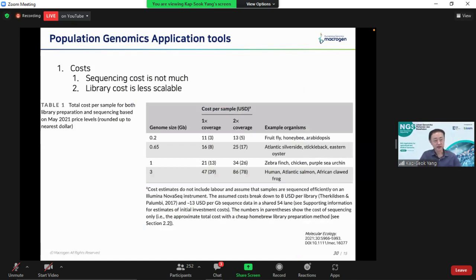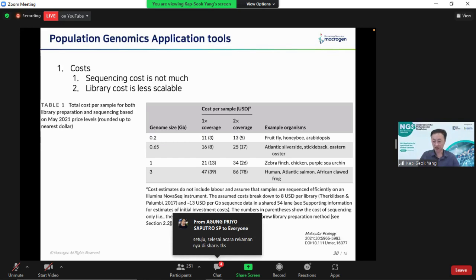The first thing, cost. Sequencing cost is not too much because we are sequencing at 1, 2, or even up to 8X depth, compared to resequencing, which we usually do at 10 to 30 to 60X.